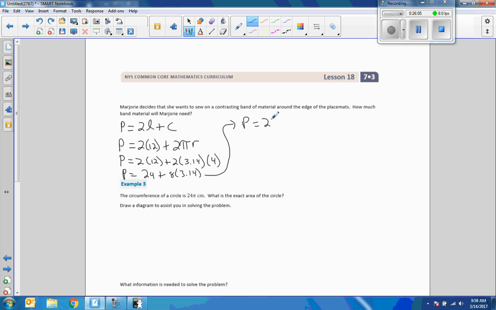So it's going to be 24 plus 8 times 4 is 32. 8 plus 3 is 11. 8 times 3 is 24, plus 1 is 25.12. So the perimeter is 49.12 inches. That is length. It is not area. So that is the perimeter of that band.